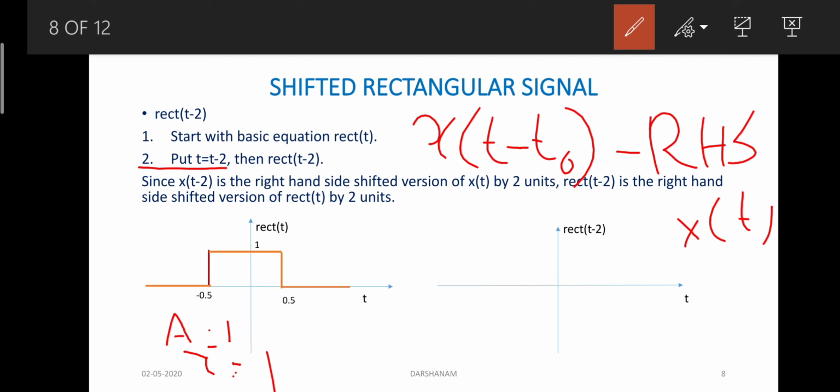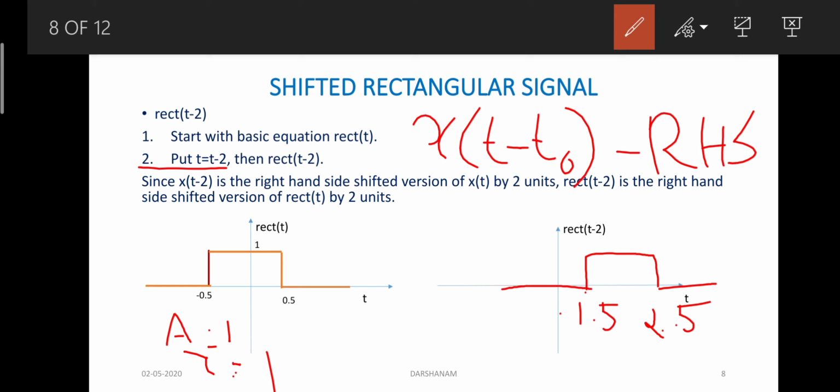So we can draw the function like this. Here the 0.5 is shifted to the right hand side by 2 units, that is 0.5 plus 2, which is equal to 2.5, and minus 0.5 is shifted to the right hand side by 2 units, so minus 0.5 will become 1.5.